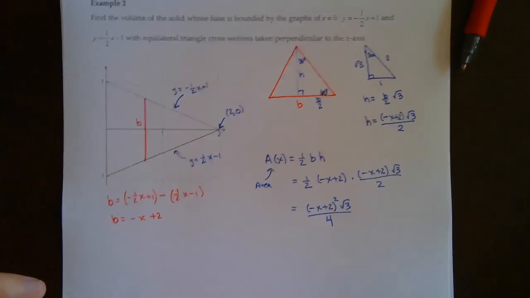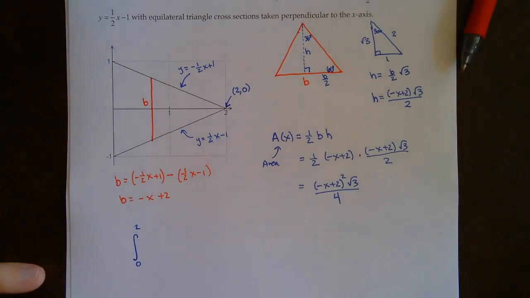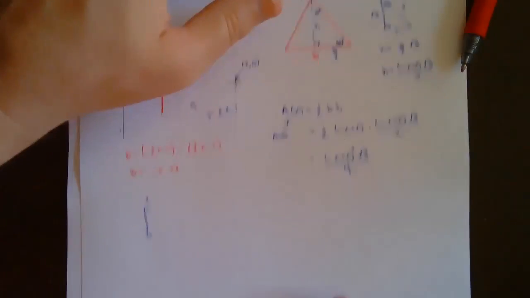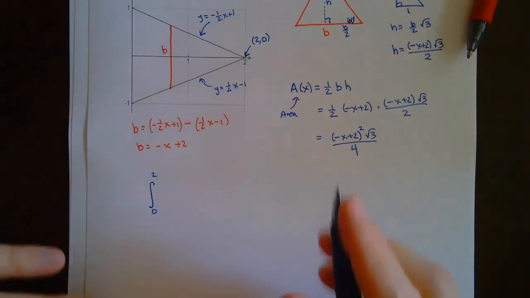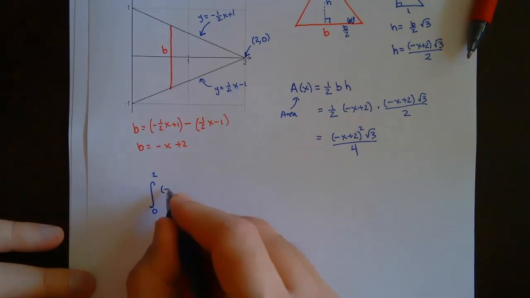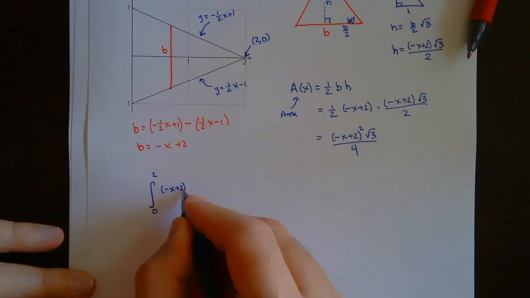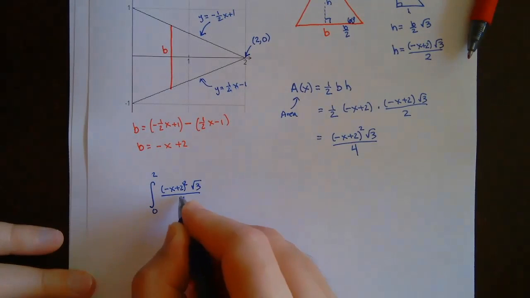Okay, so now to find the volume, we're going to take the integral from 0 to 2 of our area function, right? And we just figured out the area function is this right here, okay? So it would be negative x plus 2 squared times the square root of 3 over 4. That's the area.